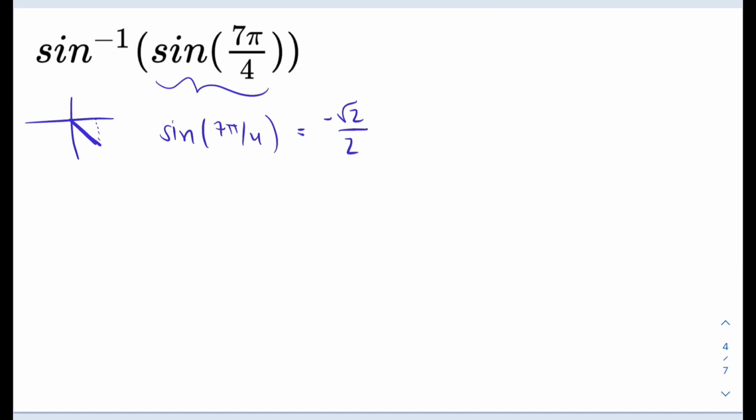So then I'm going to have sine inverse of negative radical 2 over 2. And that is going to cause me to look in quadrants 1 and 4. And I can't just say that it's 7 pi over 4 because 7 pi over 4 is not a part of my range.